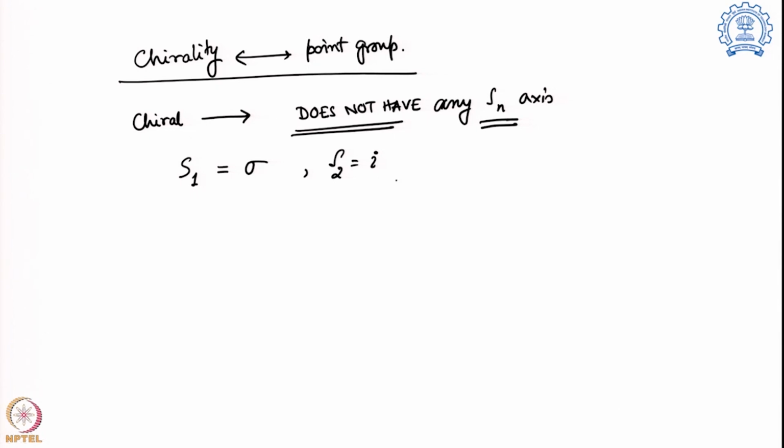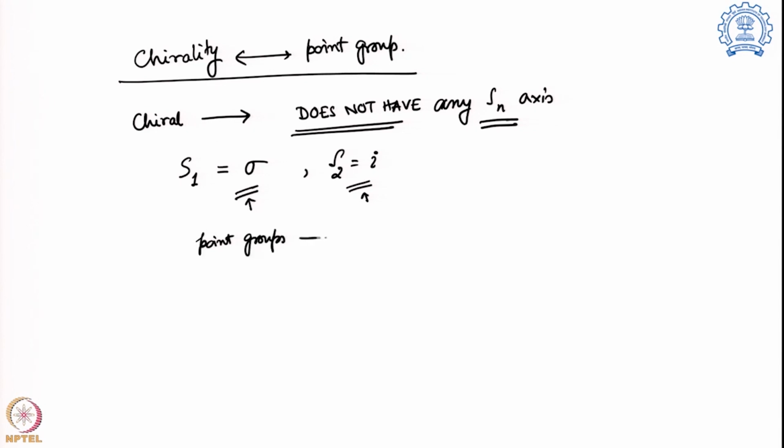But the simple absence of these symmetry elements does not guarantee that you have a chiral molecule. If you have these symmetry elements, then it is guaranteed that your molecule will not be chiral, that is, it will be achiral.